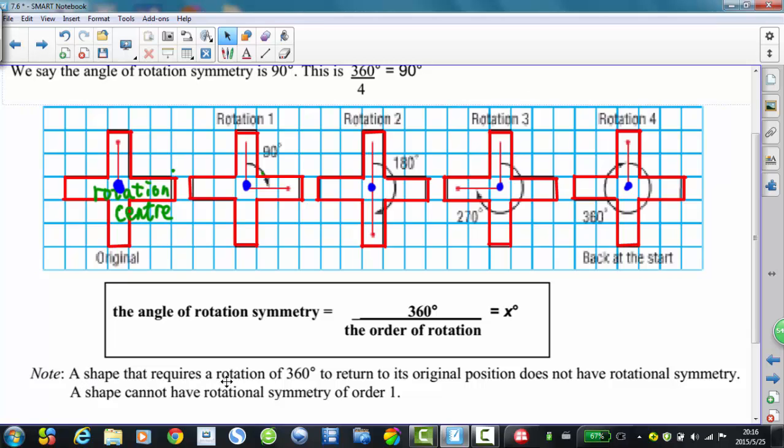A shape that requires a rotation of 360 degrees to return to its original position does not have rotational symmetry. A shape cannot have rotational symmetry of order 1. So if you need one complete turn to coincide the rotated image with itself, this does not have rotational symmetry because we never have order of rotation 1 for any rotation.